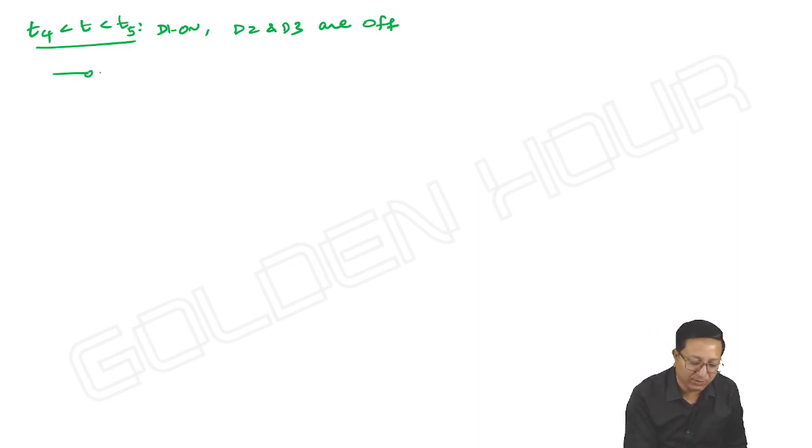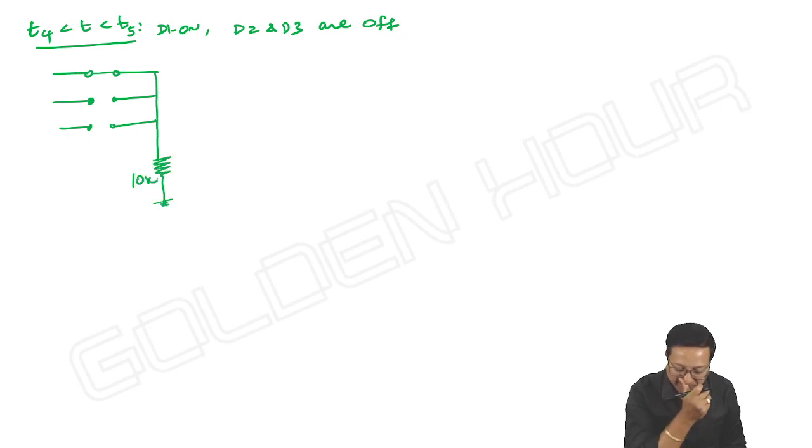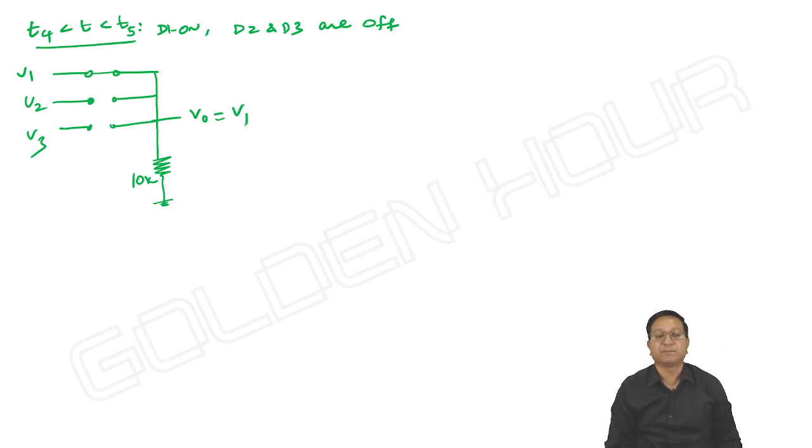So what is the equivalent circuit? It's a very, very simple problem actually. V output is equal to V1.